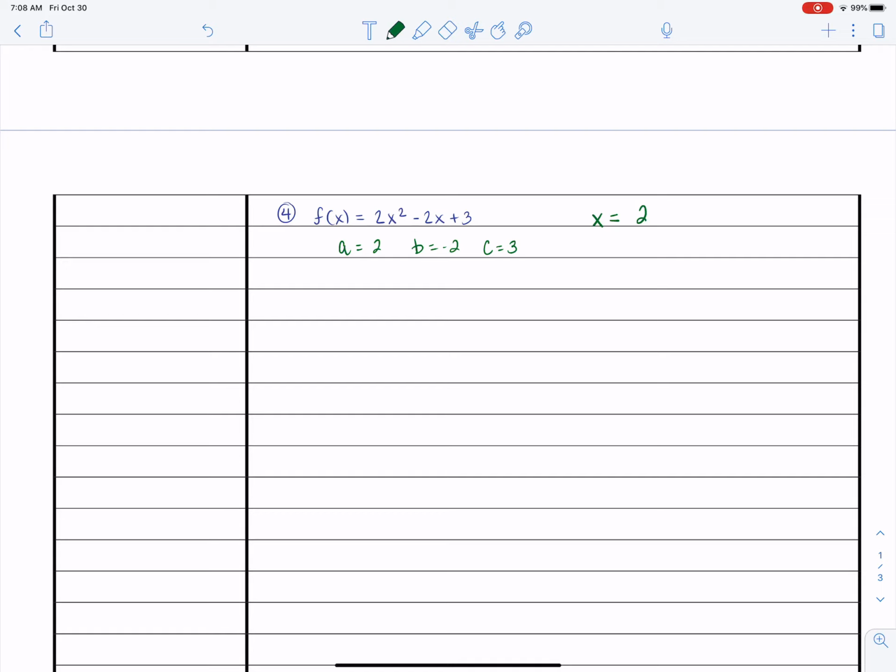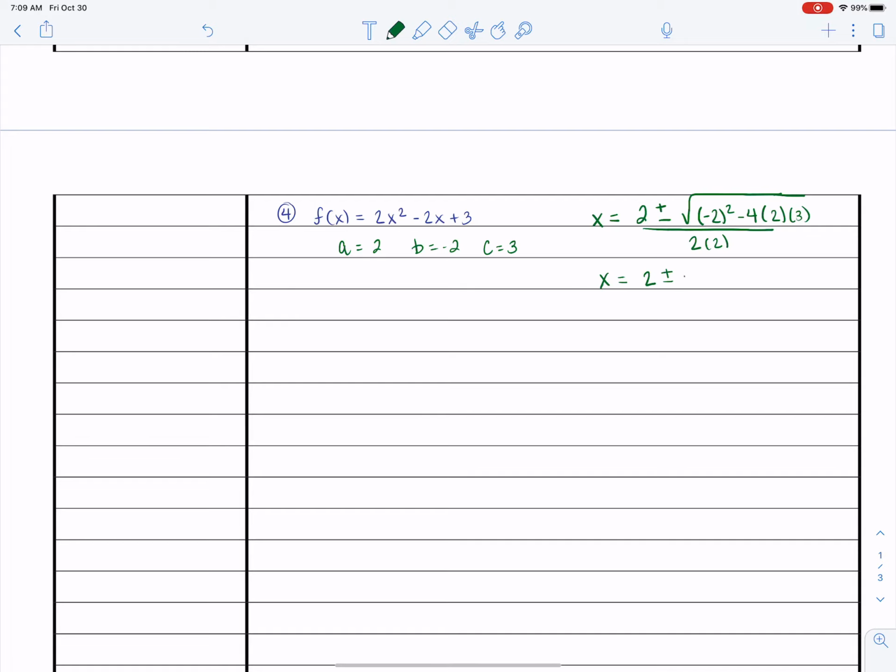If b were positive, when you made negative b, it would be negative. But just be real careful there. b squared minus 4ac, all over 2a. All right.